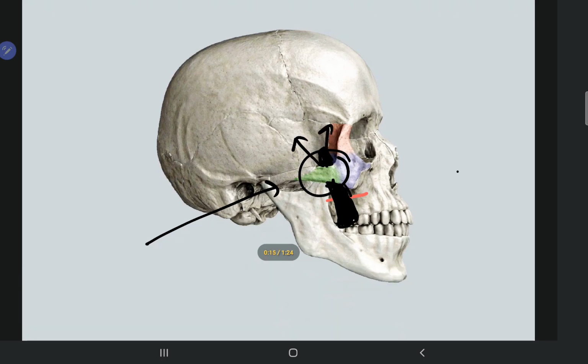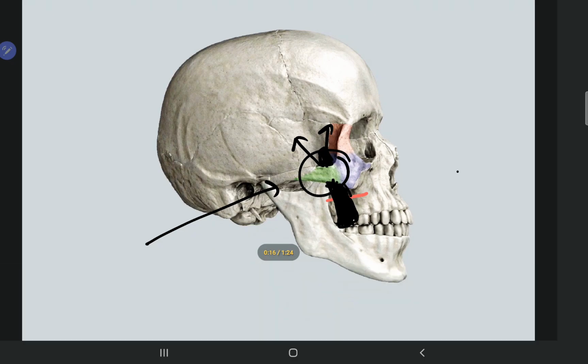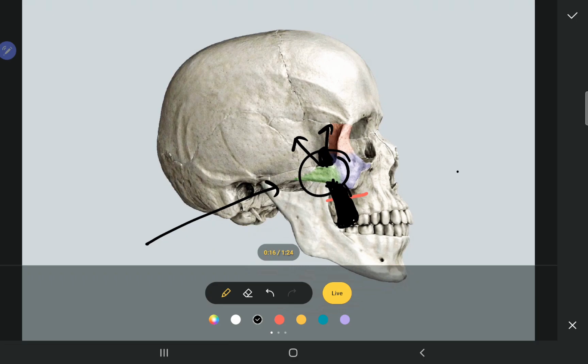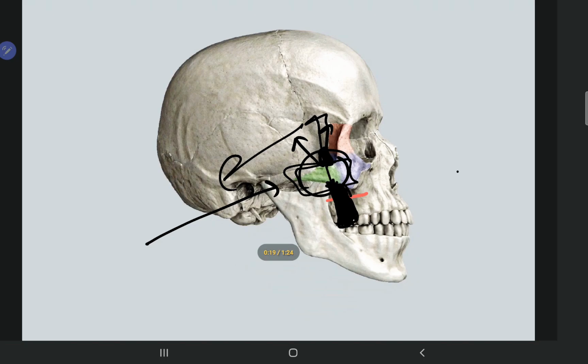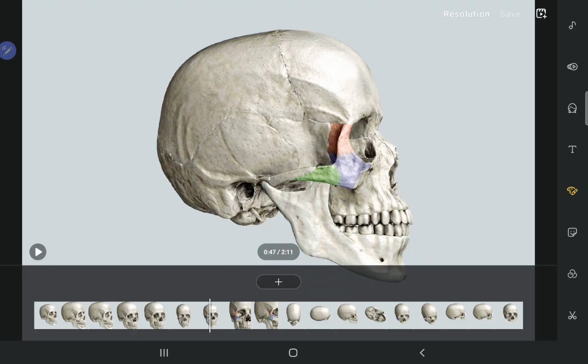So we place this elevator beneath it and put the force upward, forward and outward. We first go up, then we go forward, and then we go outward, so that we place the zygomatic arch back into its position. This is what we call the upper buccal sulcus approach, and then we suture it back.